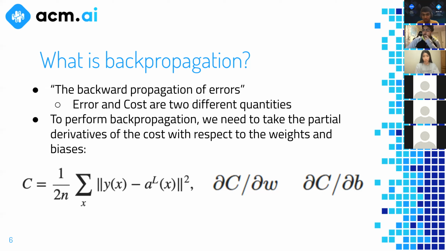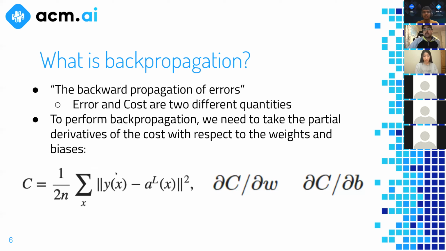In the chat, Margaret asked, what's the difference between error and cost? I think it is important to distinguish backpropagation of error from cost. We covered it in more detail in the previous recording, but the cost function is similar to what we had in beginner tracking, where we're taking a version of a mean squared error, and that's our cost function.